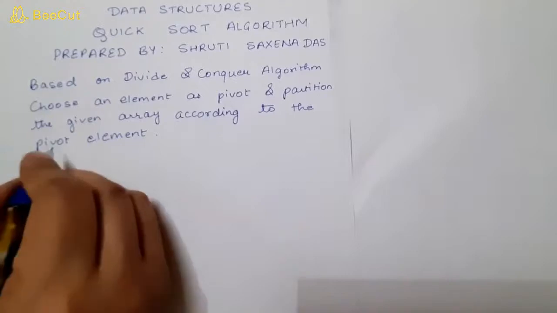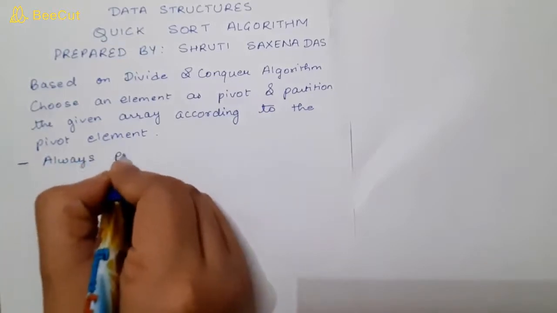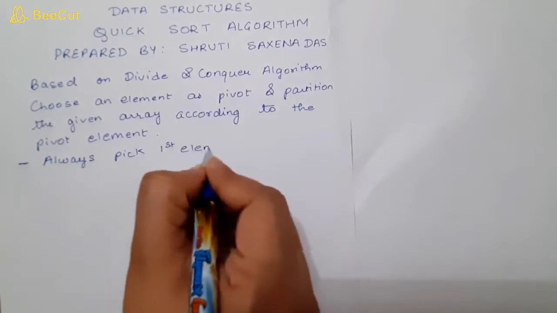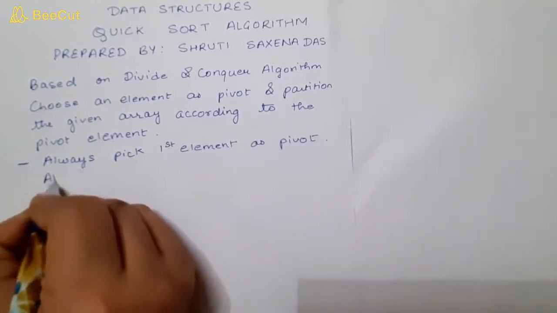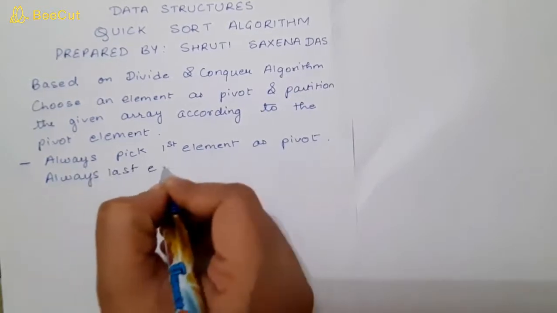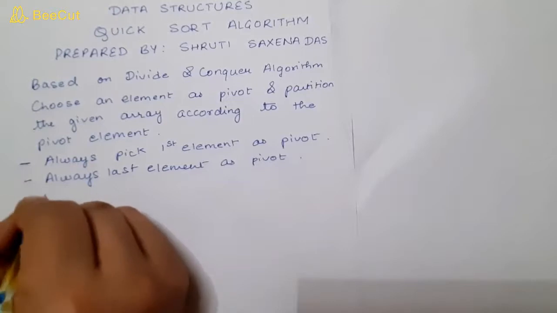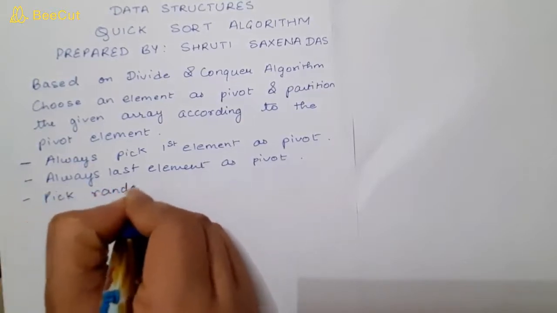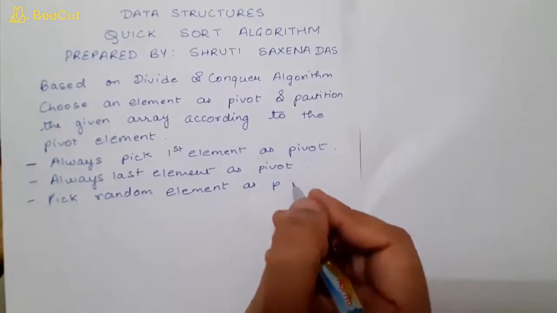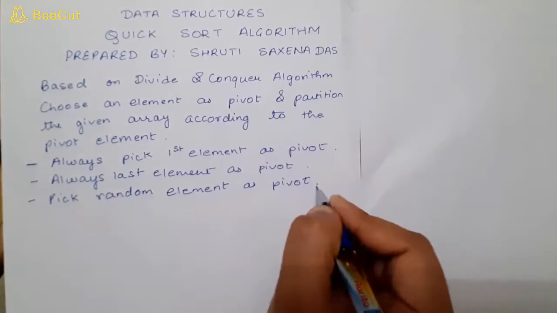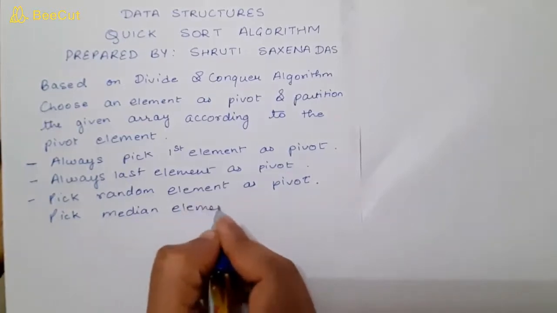It depends on whether you want to pick the first element as the pivot element, or the last element, or if you want you can pick a random element as the pivot, or you can calculate the median of the array and use the median element as the pivot.